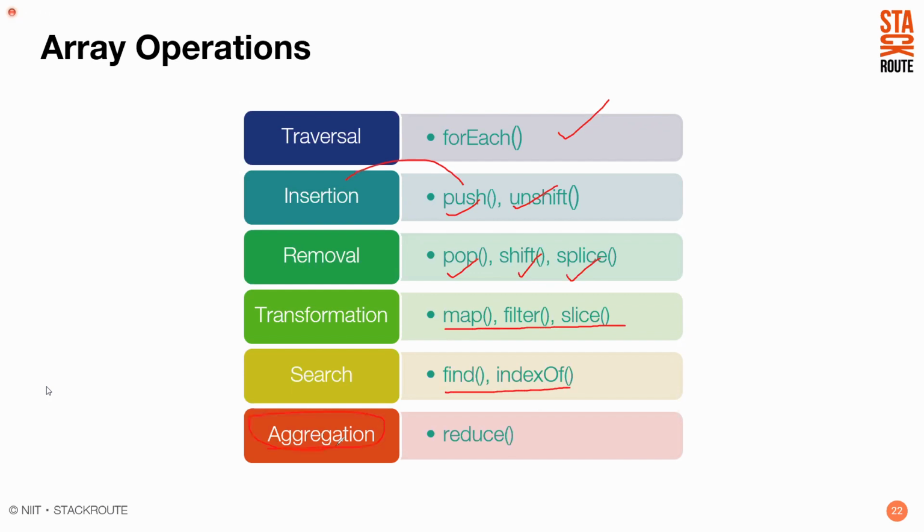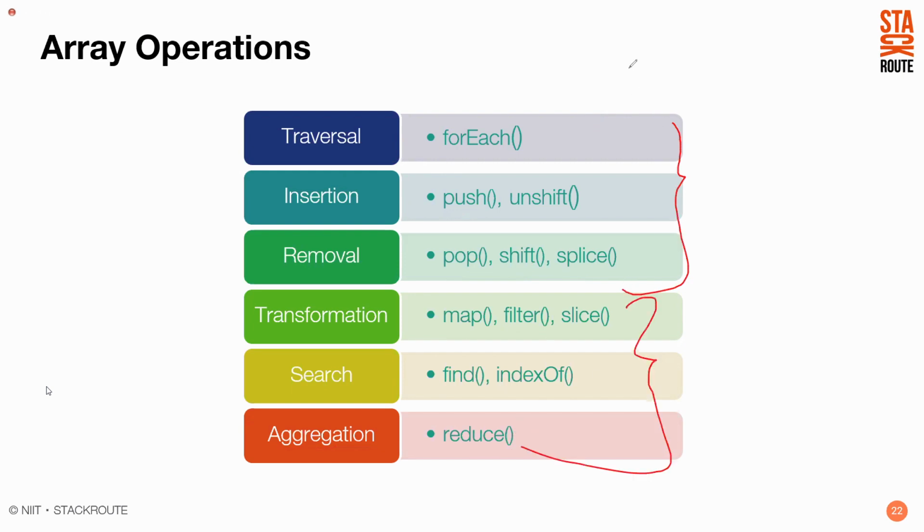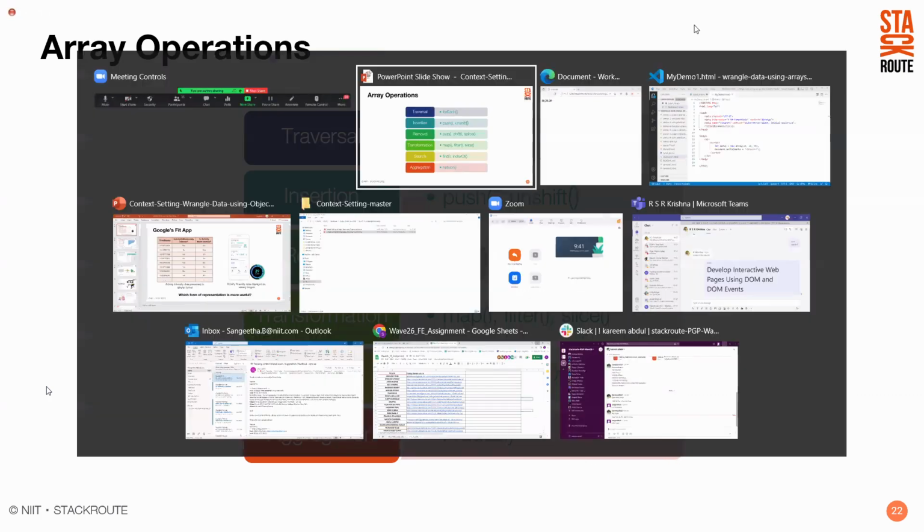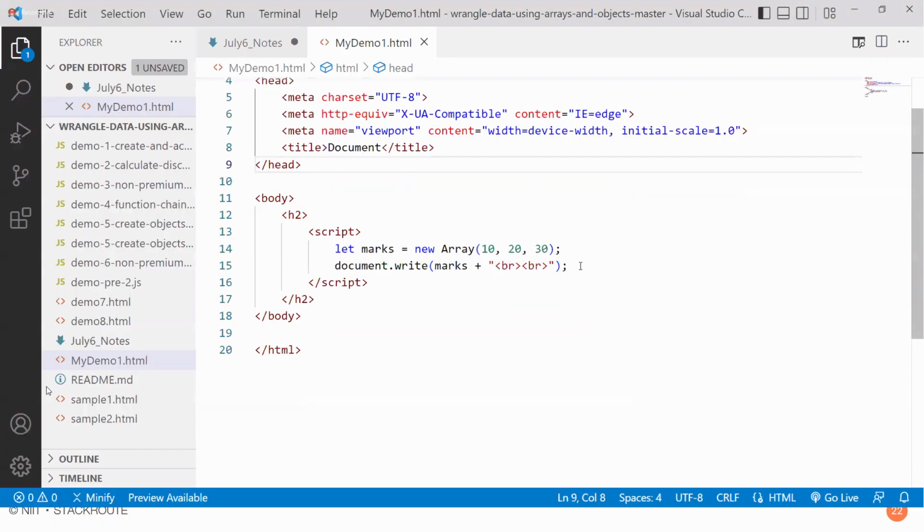For aggregation, like sum, difference, multiplication, I can use the reduce function. We will quickly go with the first 3 operations. Later we will go on to the last 3 operations. Shall I continue with this?